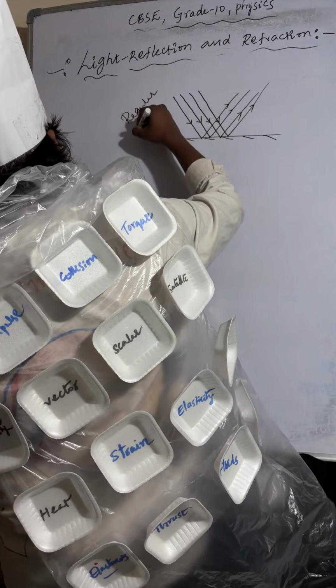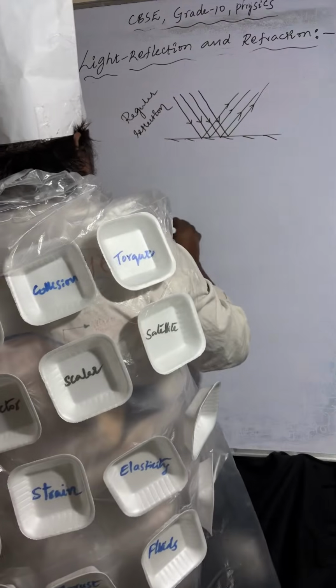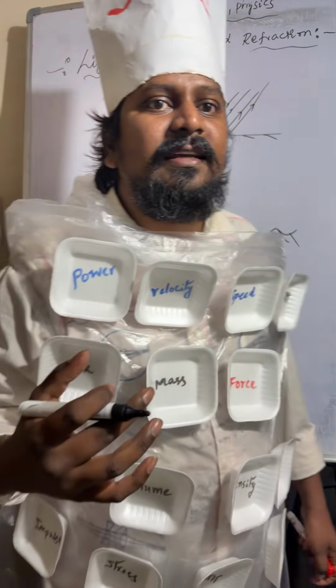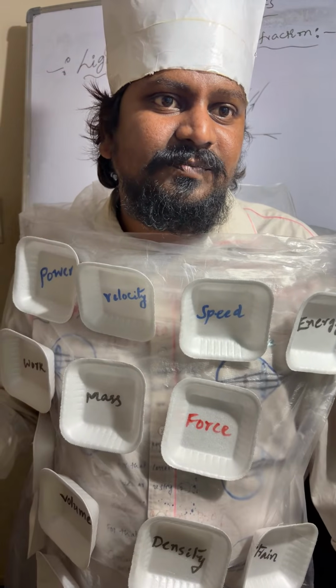Coming to irregular reflection. You can see here the incident light rays are parallel, but the reflected light rays are not parallel to each other.